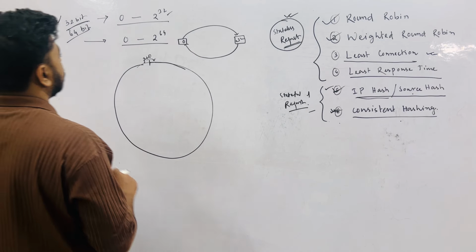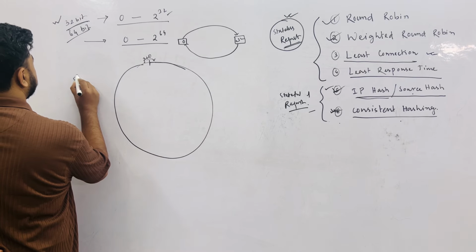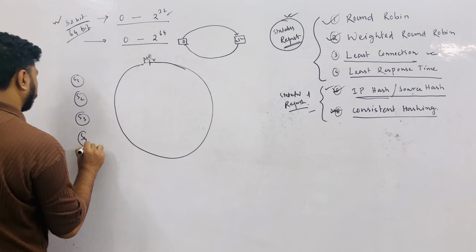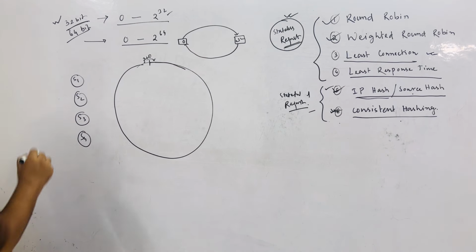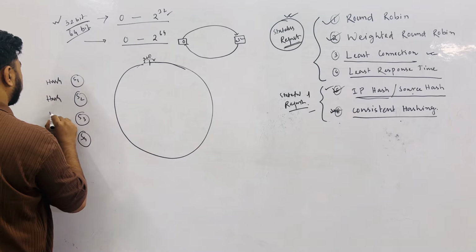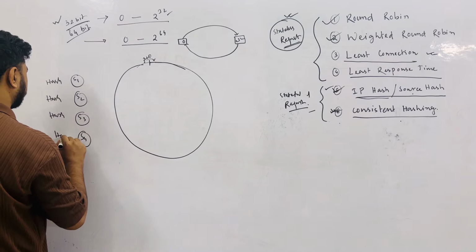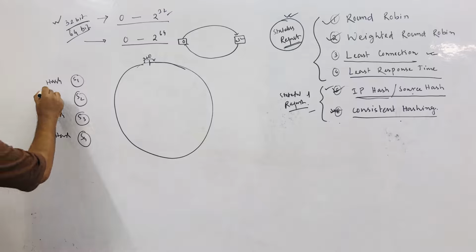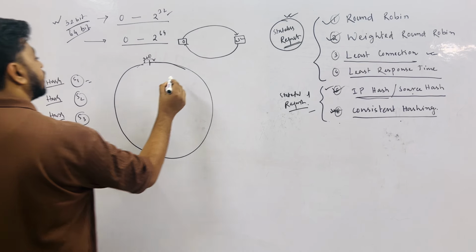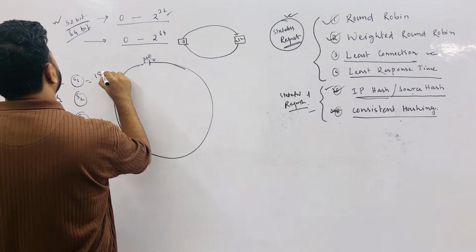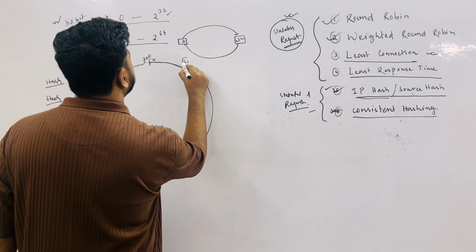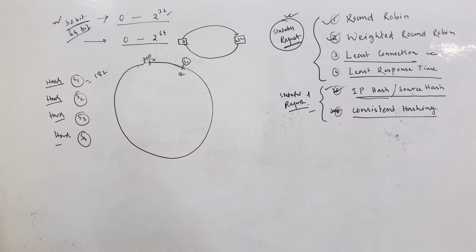Now we have 4 servers, server 1, server 2, server 3 and server 4. What we have to do now is hash each server. Suppose we hash server 1 and we get a number, suppose 182, just considering, right, and this 182 is here. So, S1 is placed here.